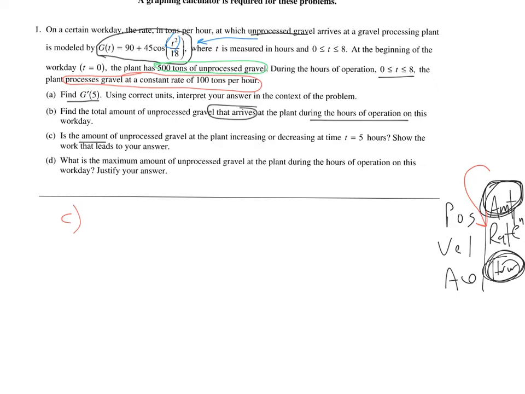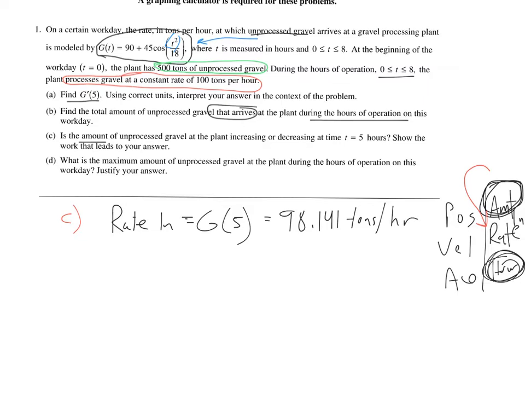So in other words, the rate in at 5 seconds would be g of 5. I'll show you how to do this on the calculator in the calculator video, but g of 5 would equal 98.141 tons per hour.